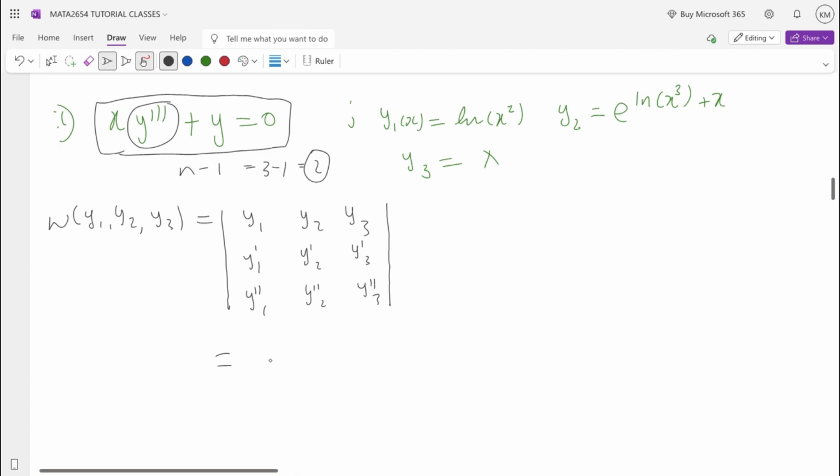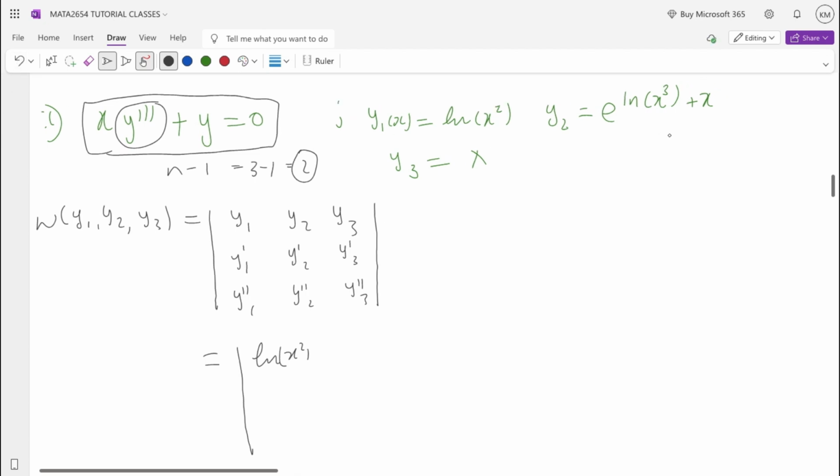Then what do we have? Our y1 is ln x squared. Our y2, I wrote it like that for a purpose. Let me do this. Can we not simplify y2?